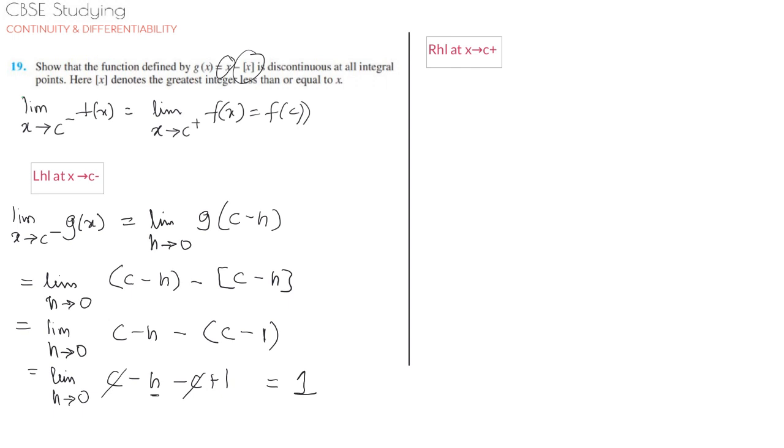Again, on the right hand limit, what happens? Limit x tends to c positive g of x becomes equal to limit h tends to 0 g of c plus h.